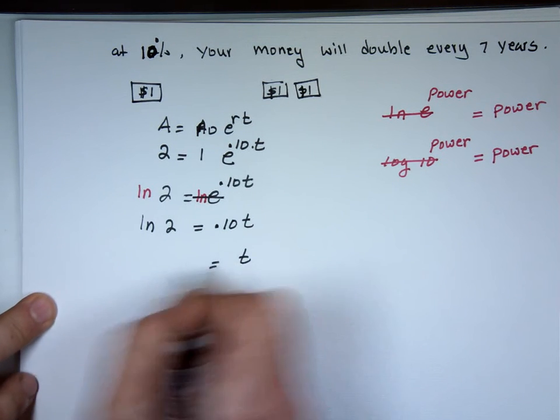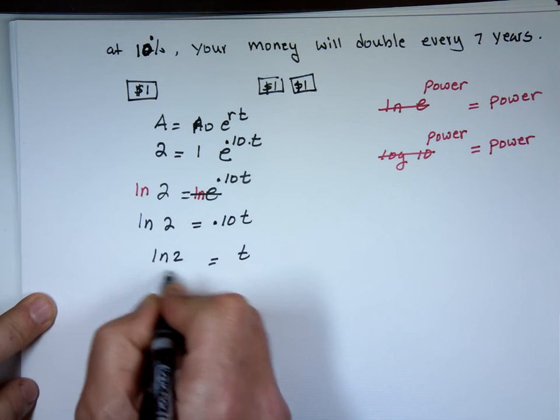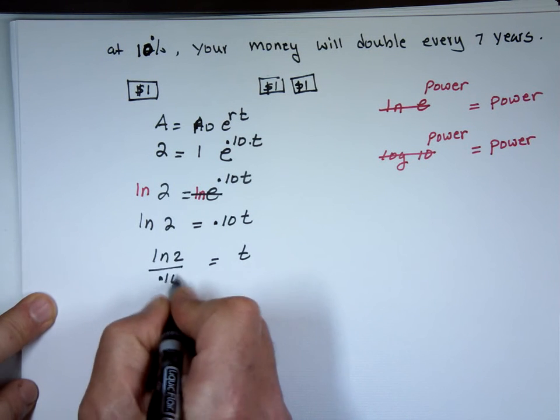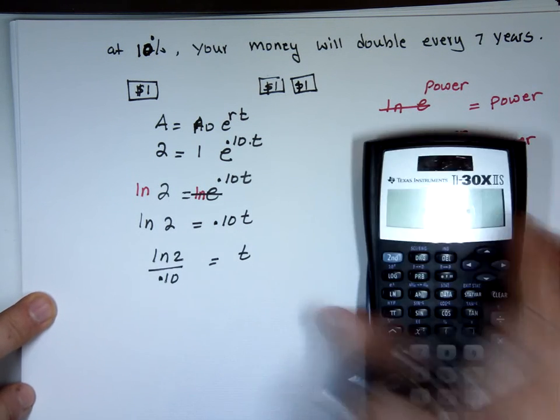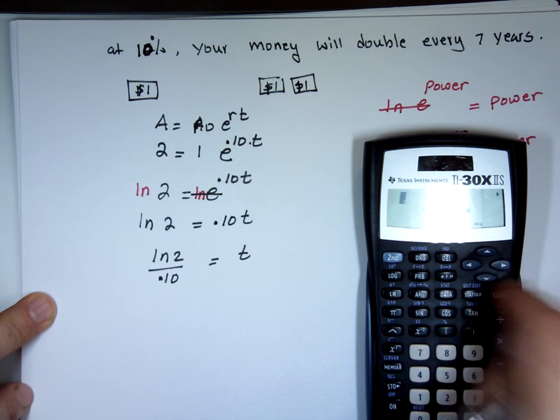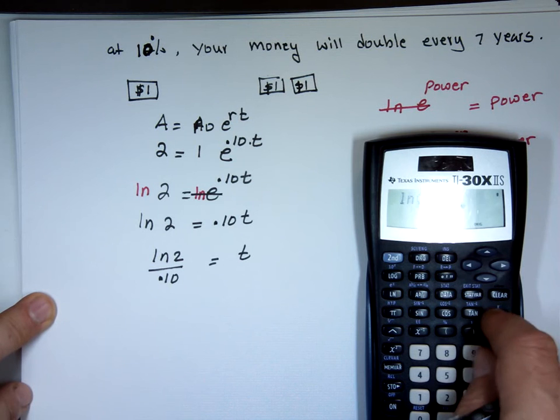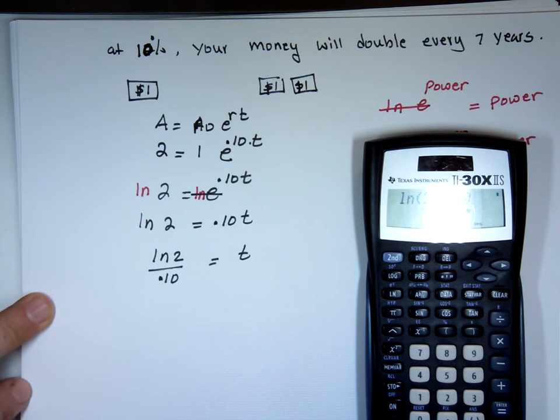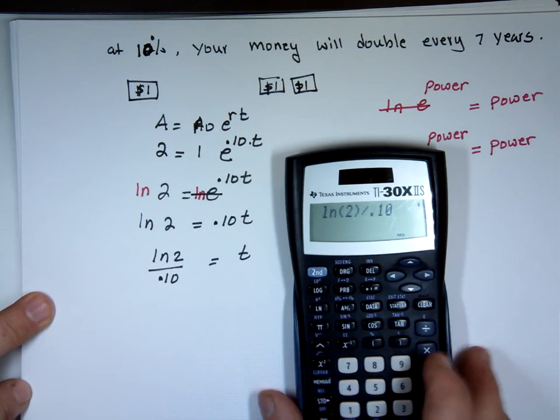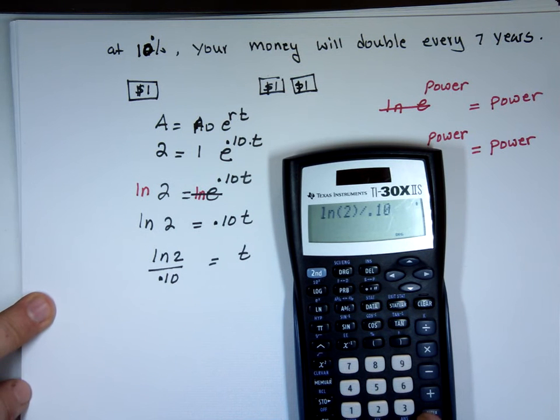The natural log of 2 over 0.10. Where's my calculator? The natural log of 2 divided by 0.10. Ready for the answer? 6.93 years.